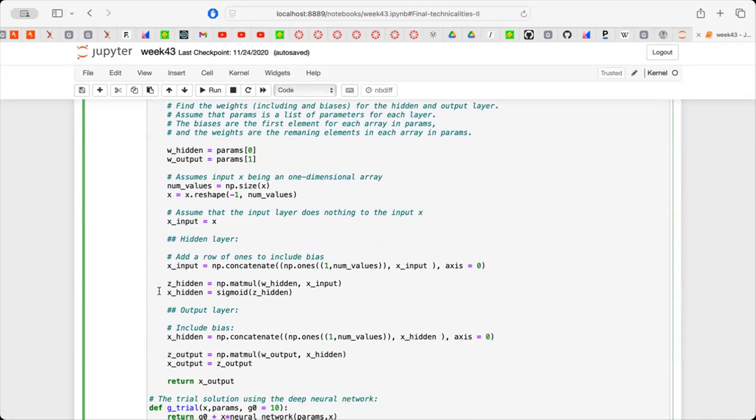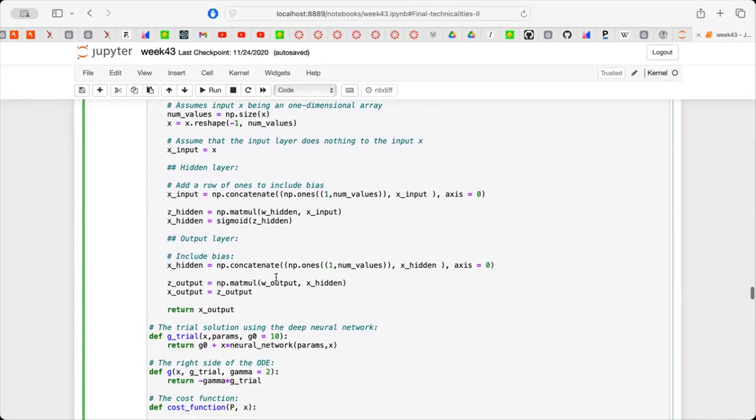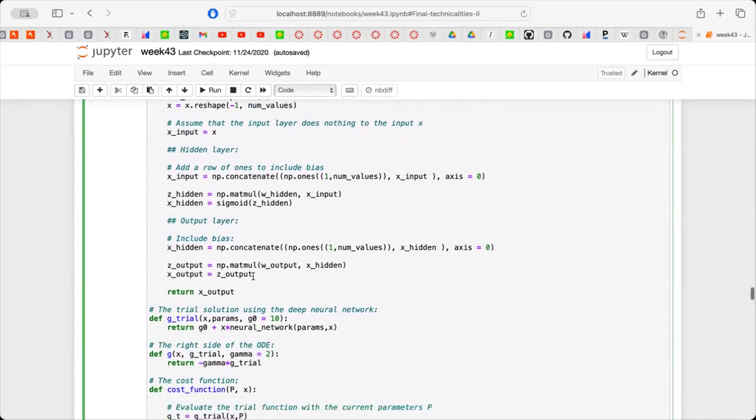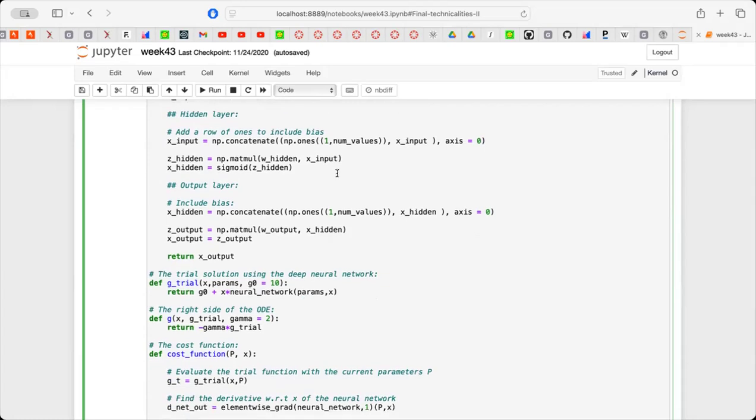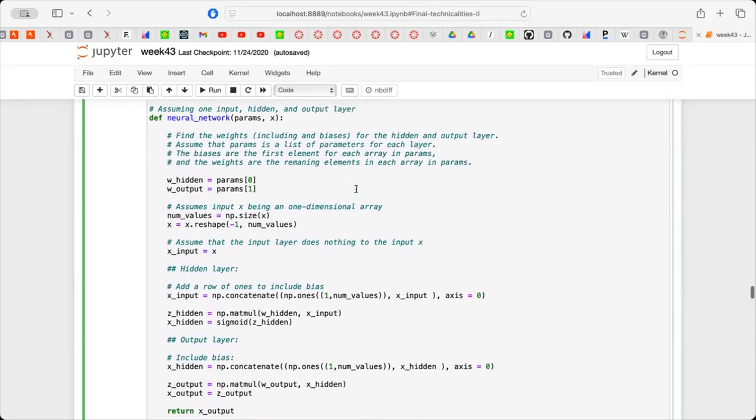I'm finding the hidden output, which is now given by the sigmoid function here, which takes as input that. This is just as before. I include the bias. I'm producing the output here, and the output is simply given by the matrix multiplication or matrix vector multiplications, depending on the dimensionalities which we have. And this outputs my return here. So this sets up simply the network.